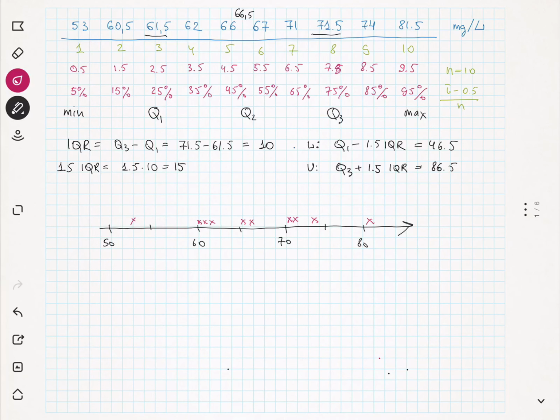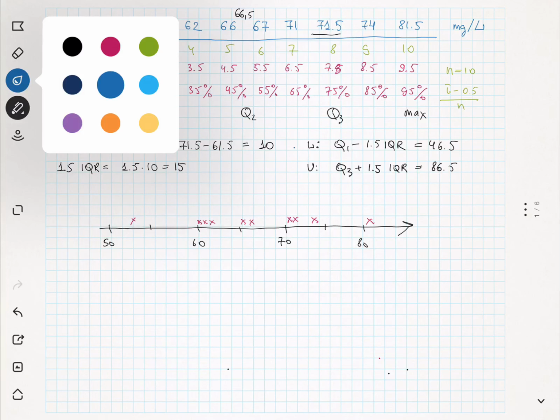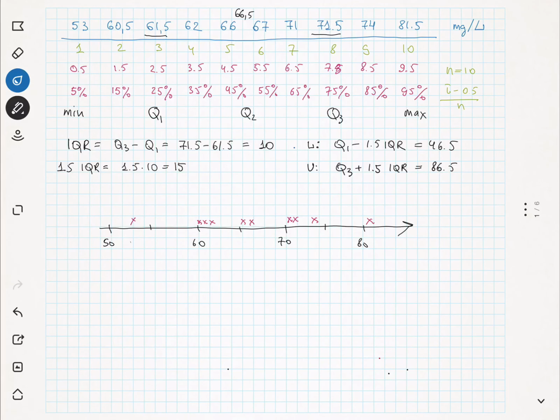Now let's make the box plot. This is our minimum value, so I'll write it like this. This is our maximum value. Then we have the first quartile, it's 61.5, so it's somewhere here. Then the third quartile is 71.5, it's this one. Finally, the median is in between, so it's this one, the second quartile.